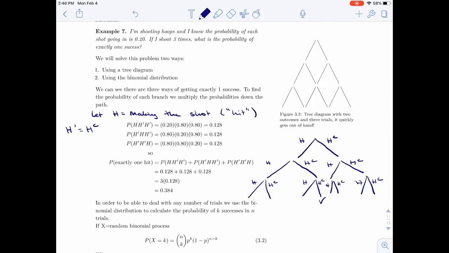I could not hit one here, and then on the second shot I hit it, but then I can't hit it again. That's exactly one hit as well. So that one. And if I don't hit it and I don't hit it, but then I have to hit it at the end. So we've got three options for exactly one going in.